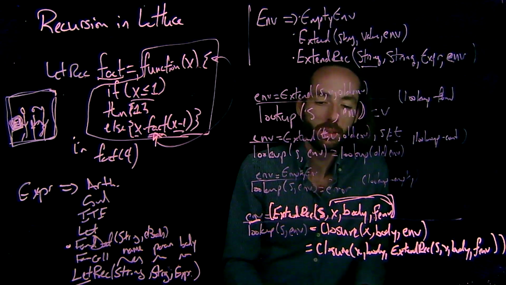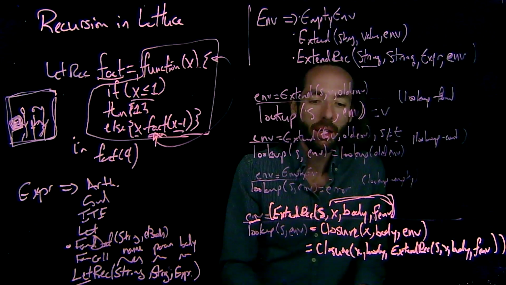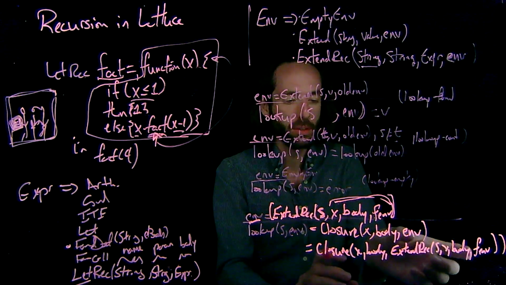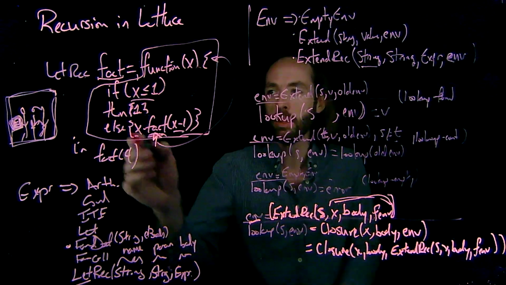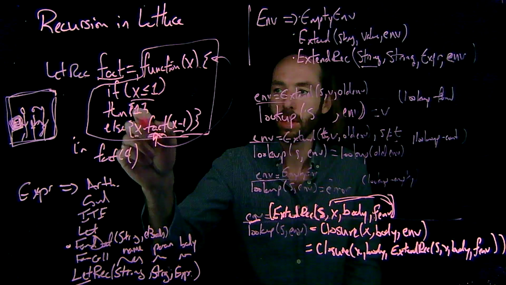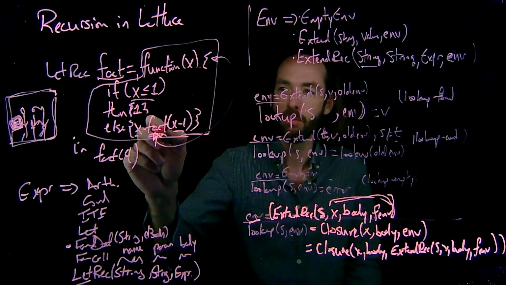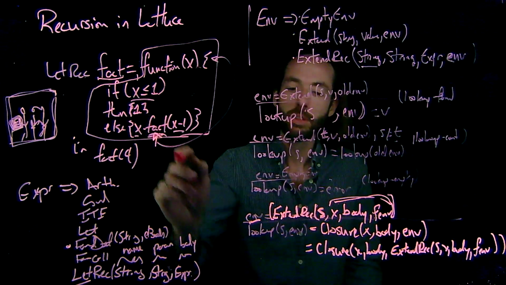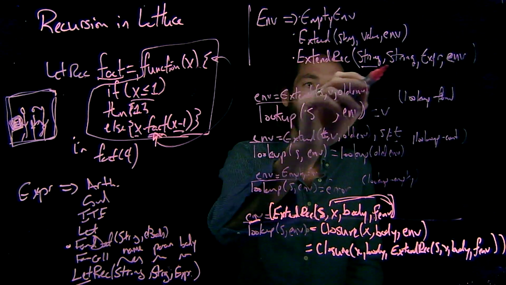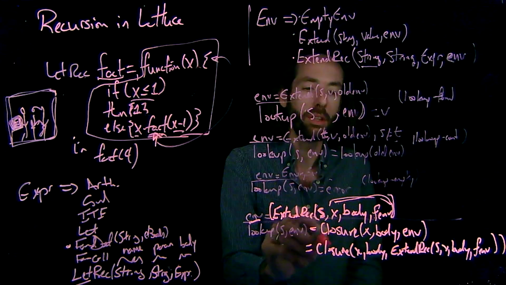That's how we break this circularity: instead of actually storing the full recursive environment, right? The problem that we had was that the environment we evaluate the body under does not include the definition of fact yet. So what we do is extend our definition of environment to keep all the component parts that we need to build this closure on the fly.